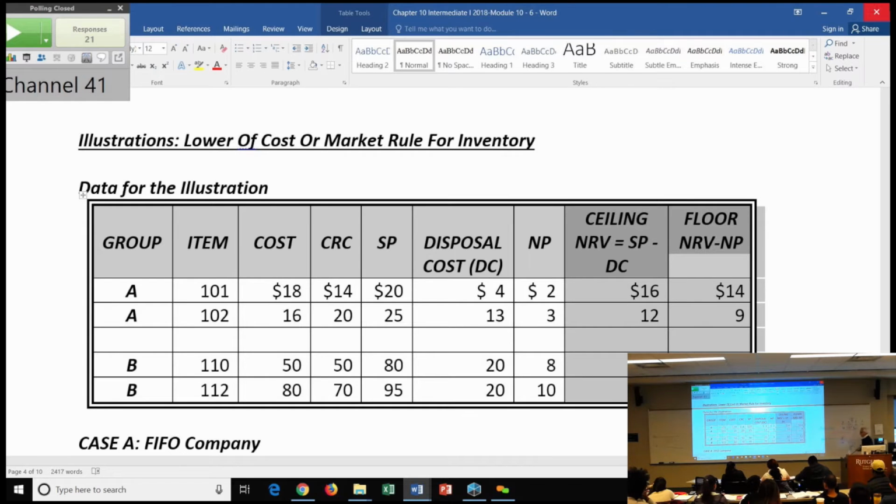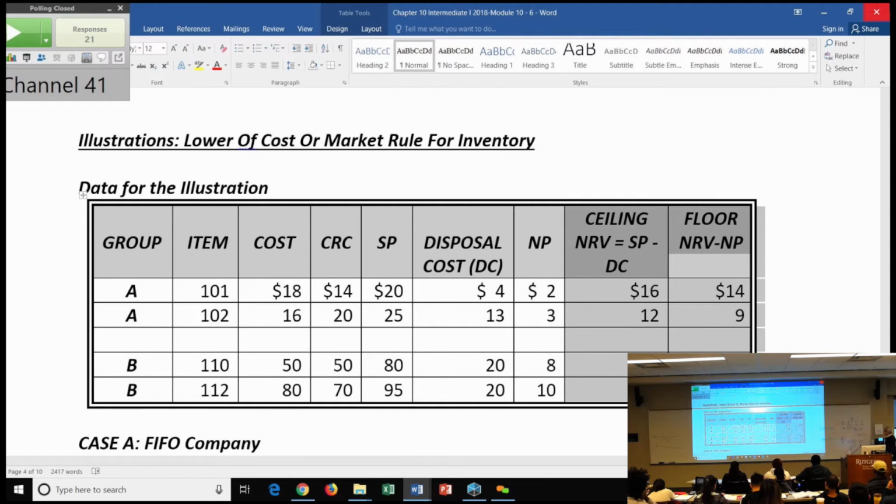And finally, in the last case, we've got ceiling 75, floor 65, and current replacement cost is going to be 70. So the current replacement cost falls between the ceiling and floor, and therefore that becomes market.